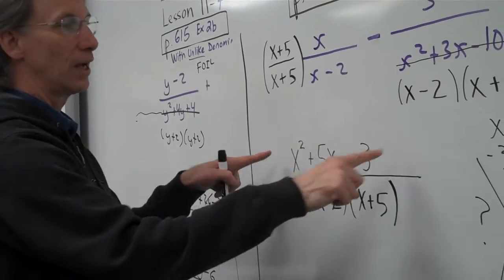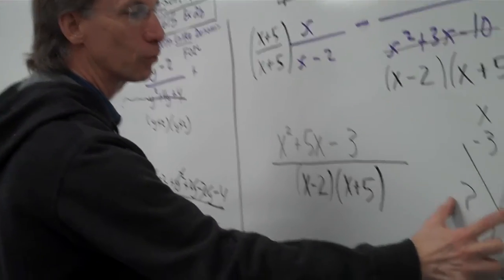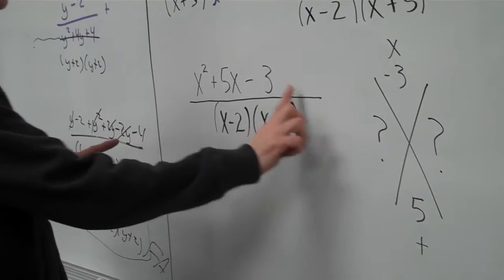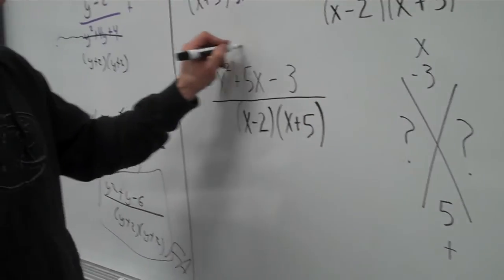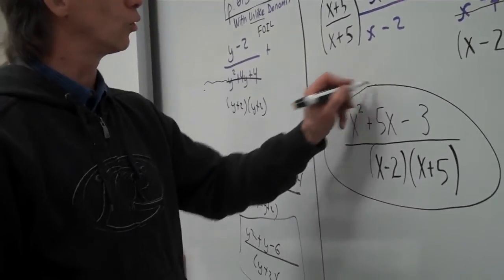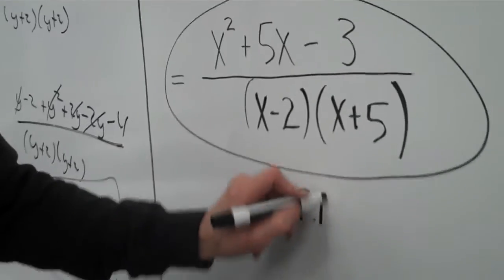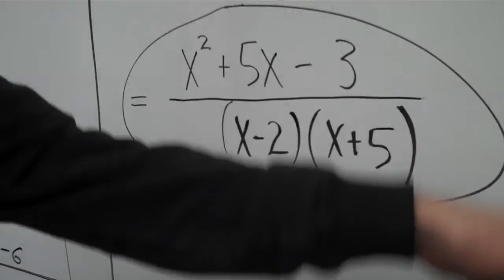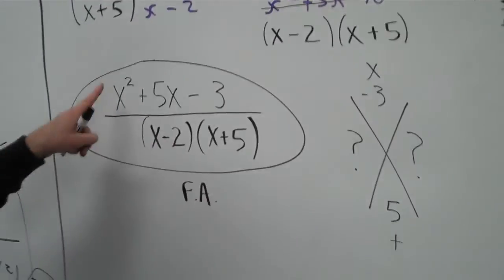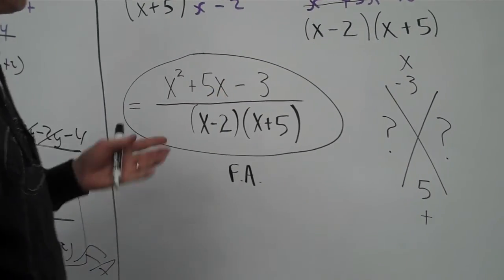We're not going to be able to do that here because we don't have the numbers that we need. And that means that we will just use the answer as it is, like this. You can't do any more, and you say that is our final answer. And so that's what happens when you cannot factor one of the trinomials. There you have it.